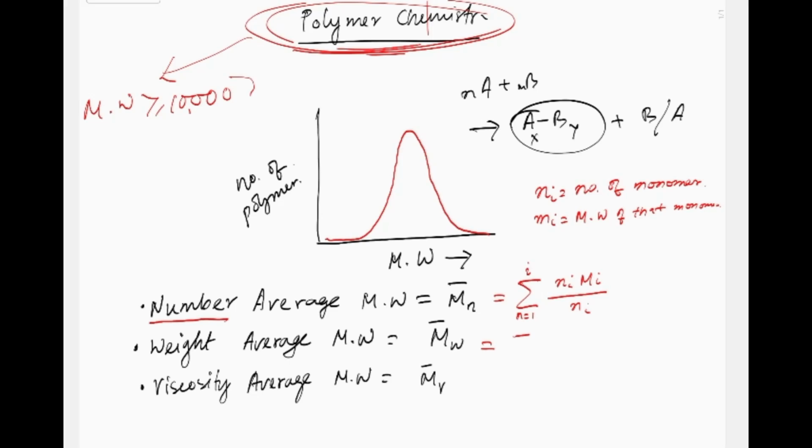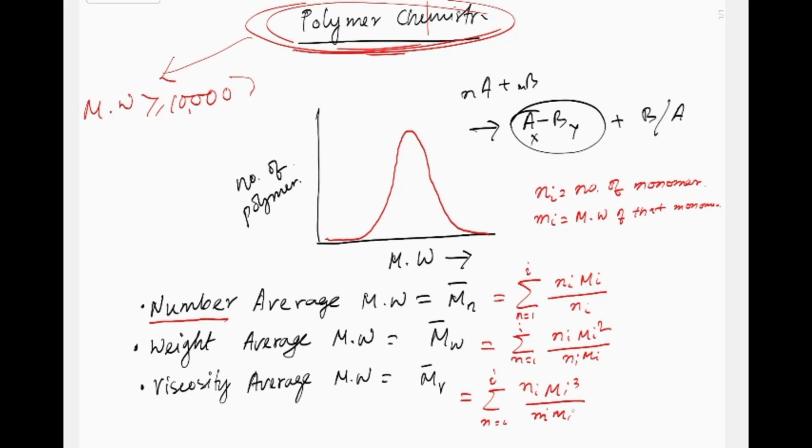And for Mw, we have the formula: summation of Ni Mi square divided by summation of Ni Mi. This is the formula to determine the weight average molecular weight. For viscosity average molecular weight, we have a similar kind of formula, but with a different power of Mi.